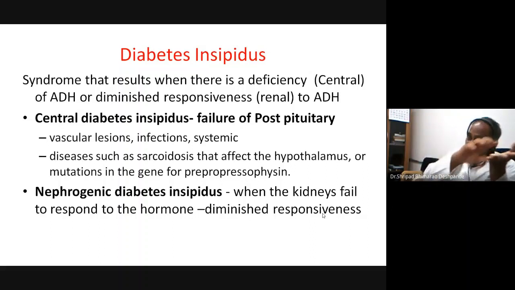You can have all those downstream pathways which are responsible for the kidneys not responding to ADH. Here the central component is all right, but the kidney is not able to respond. So this is about central and renal diabetes insipidus.